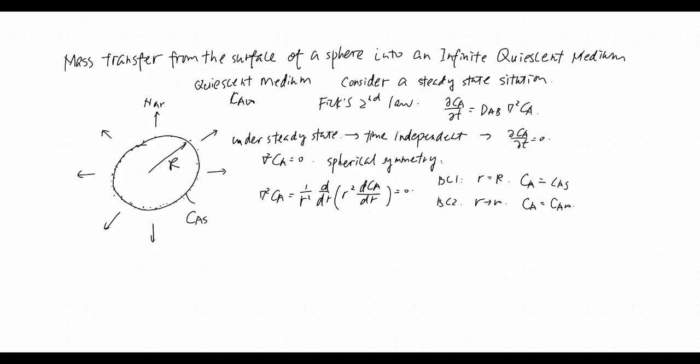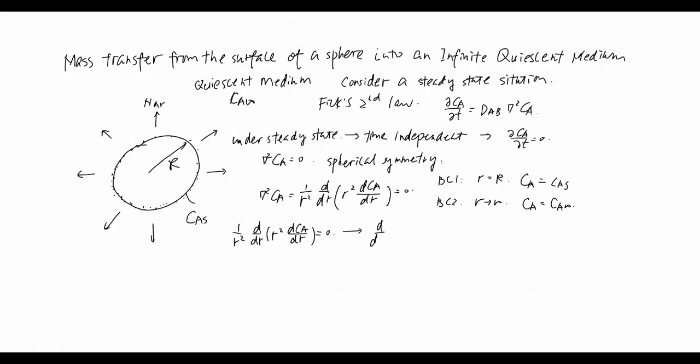Okay, now let's solve this equation. So let me write it down. This is our equation. Since it's r squared, you can multiply both sides by r squared, it will not give you anything different.